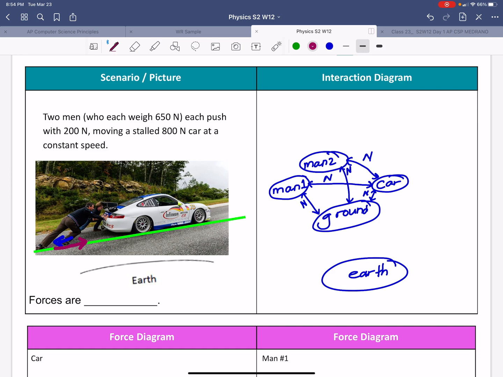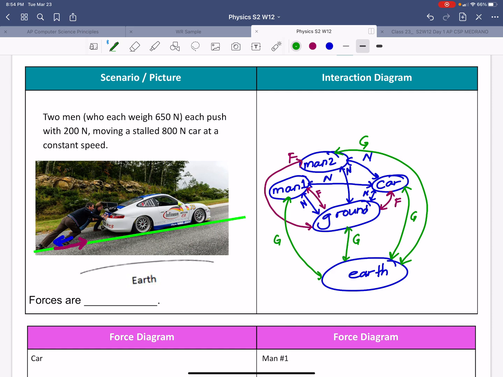So we have friction happening with man 1, friction happening with man 2, and friction happening with the car. And then, of course, we have everything interacting with the Earth.